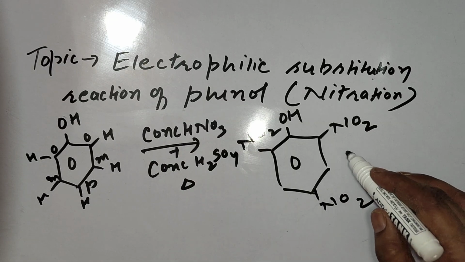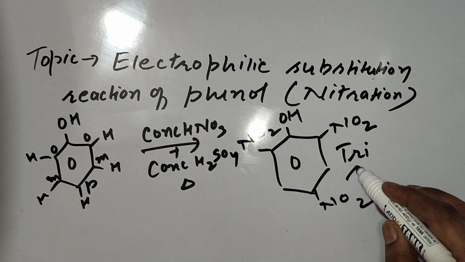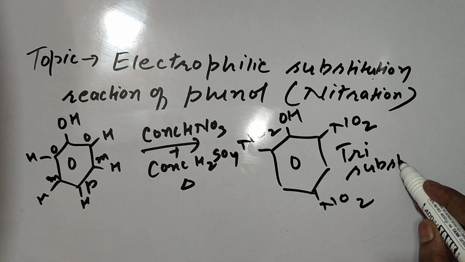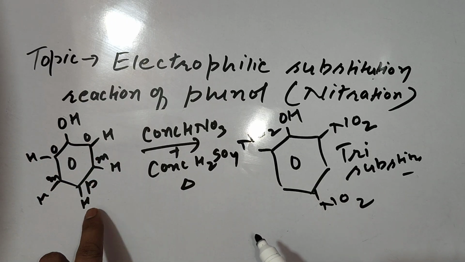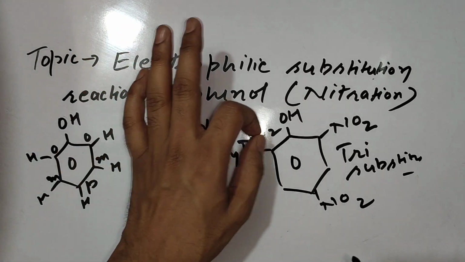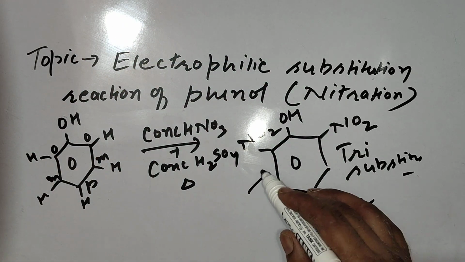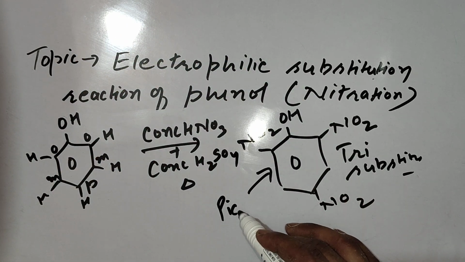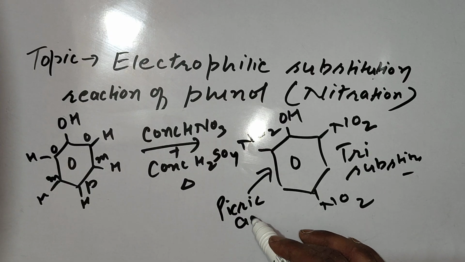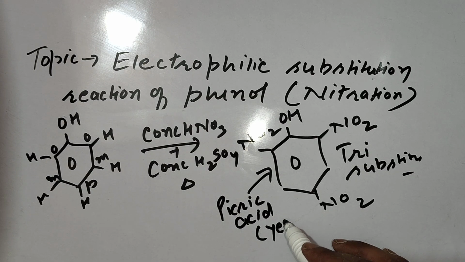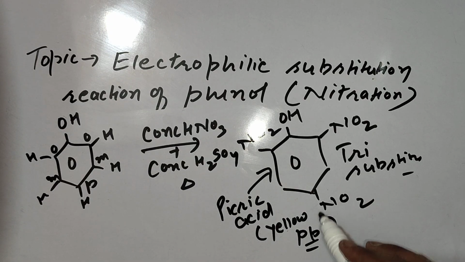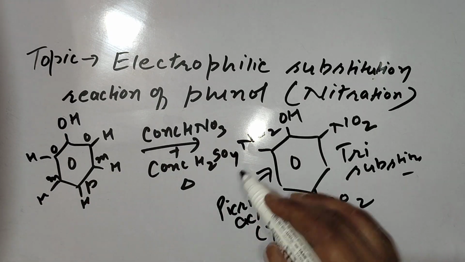Means tri-substitution will happen. 3 hydrogens, 2 from ortho, 1 from para are substituted by 3 nitro groups. The common name of the compound is very important: picric acid. It is picric acid. Yellow colored precipitates of picric acid will be generated in this reaction.